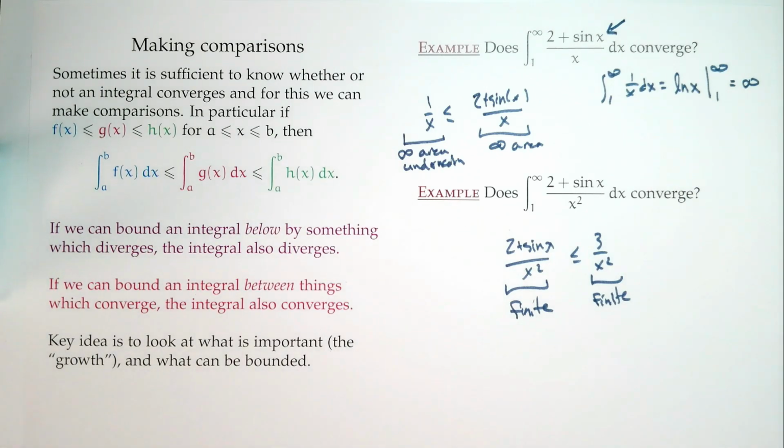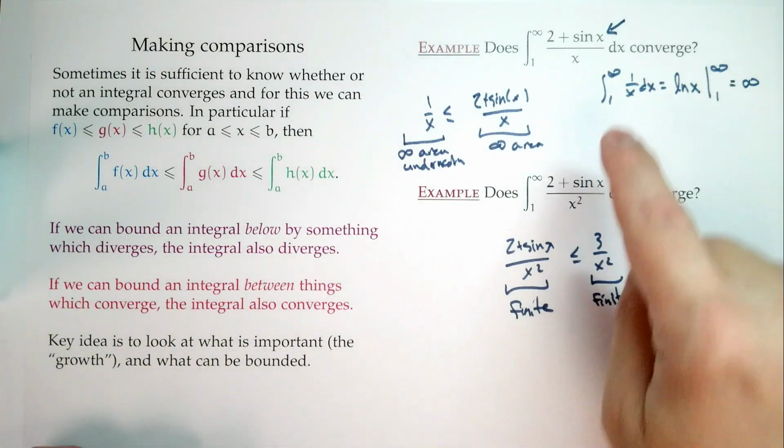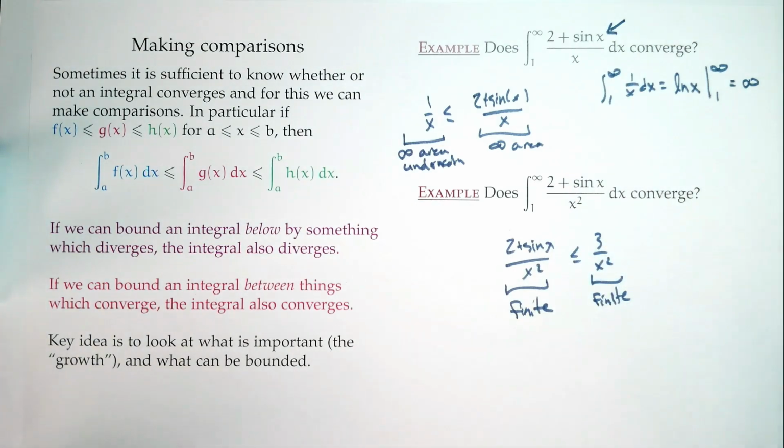And oftentimes, answering that can help give you insight to whether or not the hard, complicated thing works. So the reason we got rid of the sine x's, that was the complicated part. And I promise at the end of the semester, we're going to do this a lot. A lot. So we've got to get good at it.